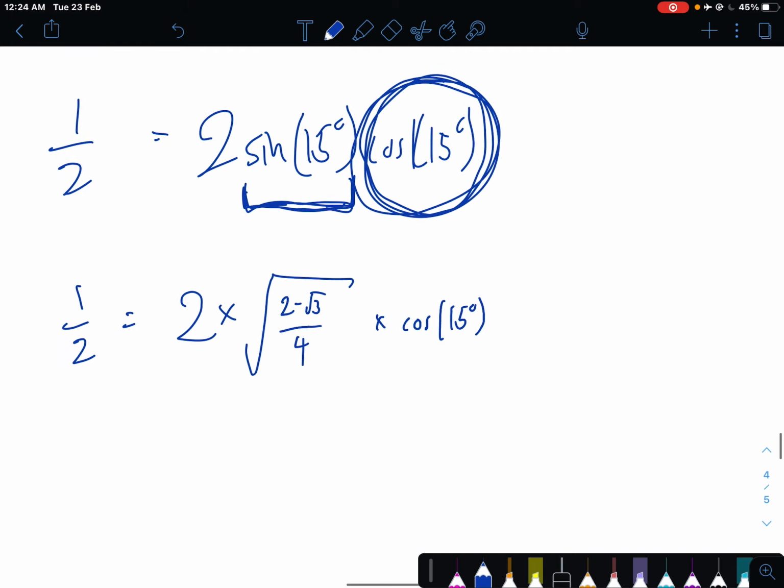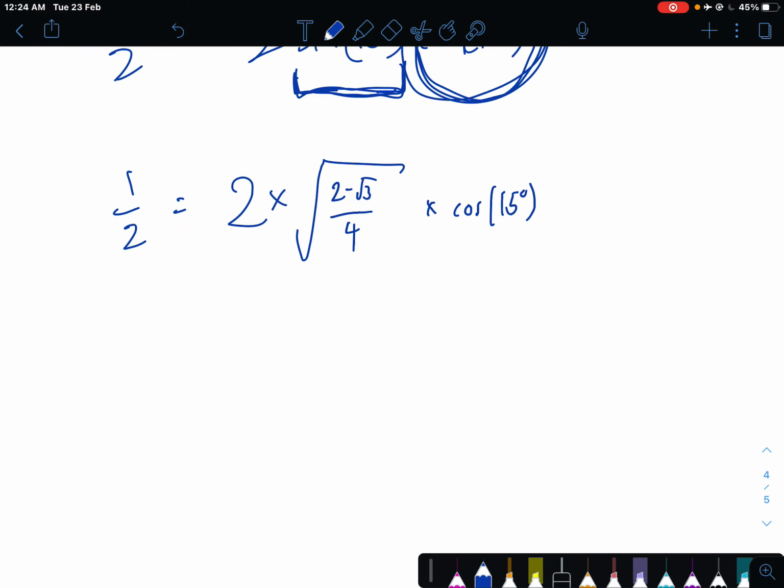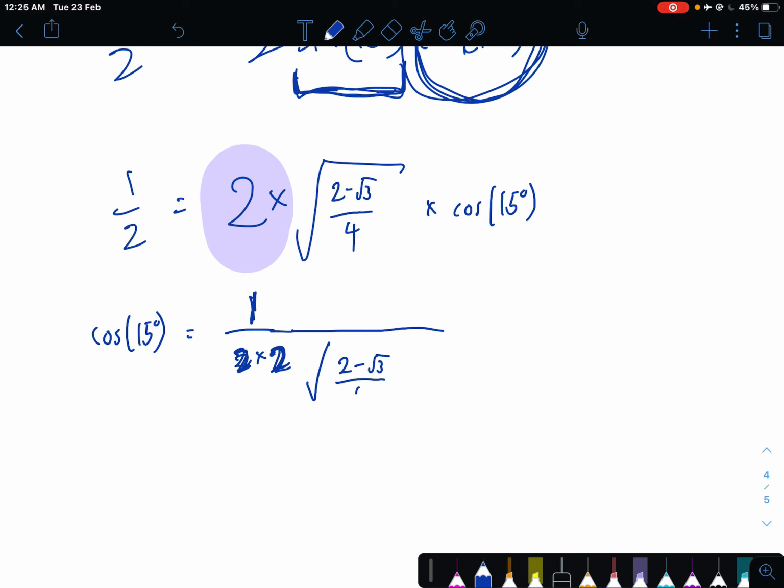Can we make cosine 15 degrees the subject now? Yes, we can. We just work with numbers, it's easier to visualize. This 2 we bring over, so it becomes 1 over 2 times 2, the original half, but with the extra 2 we bring over. But you also have to introduce the fraction, the sine 15 degrees.